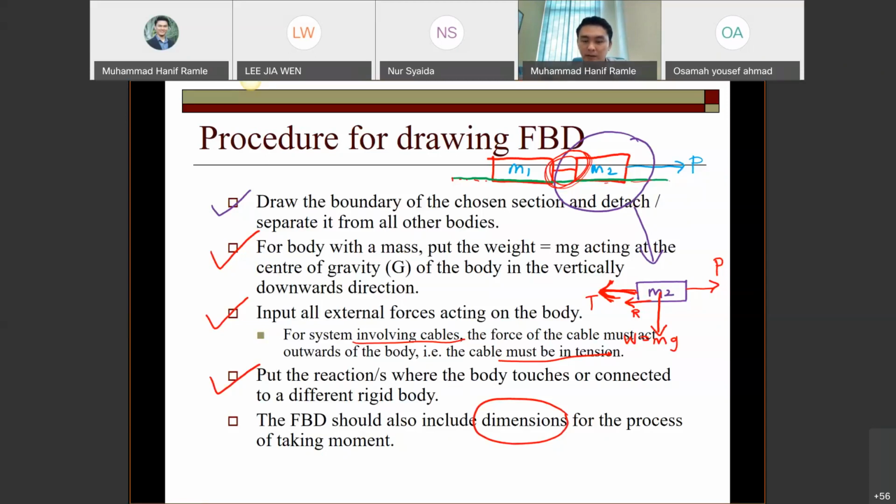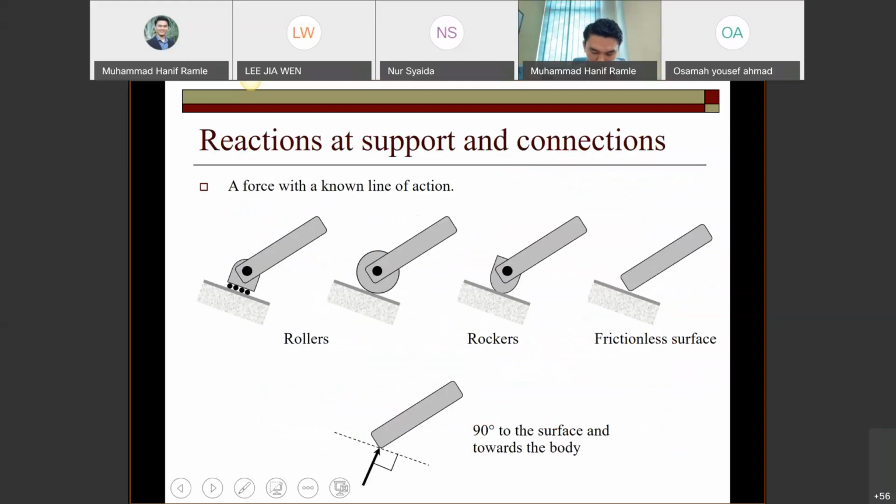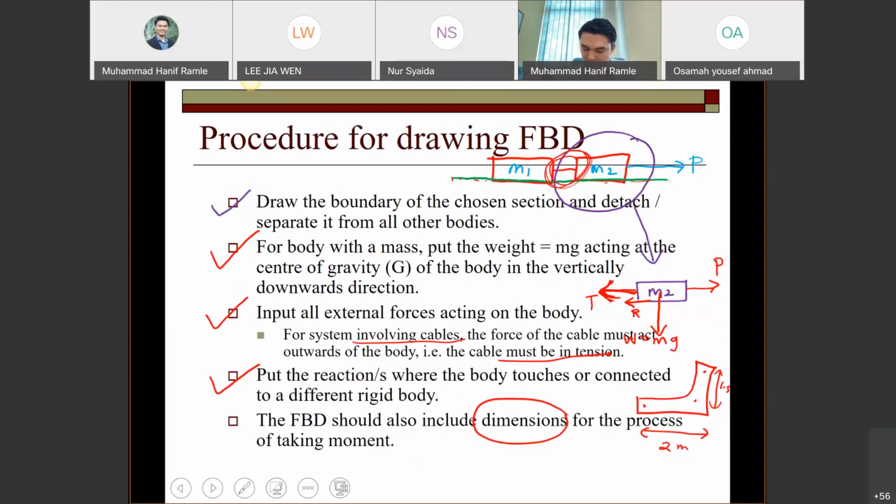If let's say we have a rigid body like this, for example, you have to put the dimension for each part, 2 meter, for example, and this one 1.5 meter, because later on you will calculate the moment. Okay, so you have to put dimensions like this. So done. This is an overview on how to draw an FBD.